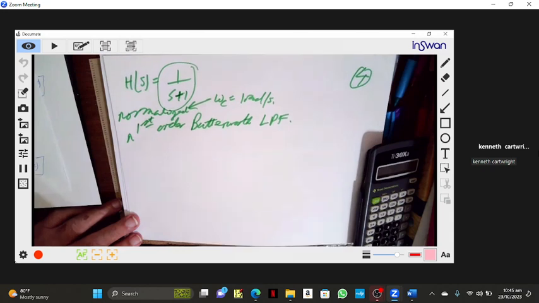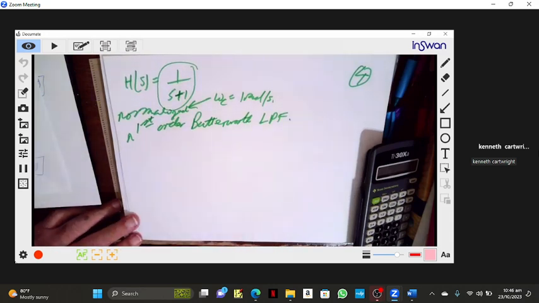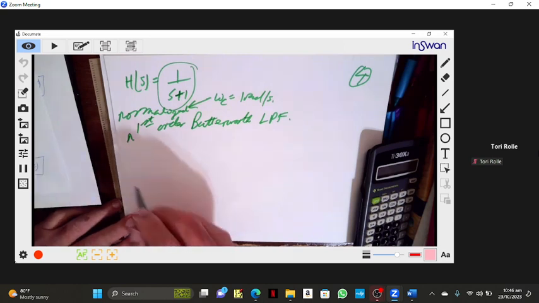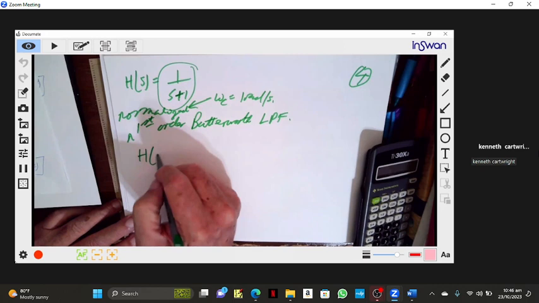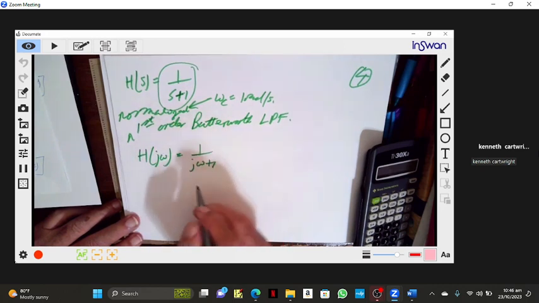Because so many things we do are similar. How do we find a frequency response? We have to find the frequency response H of j omega equals 1 over j omega plus 1.